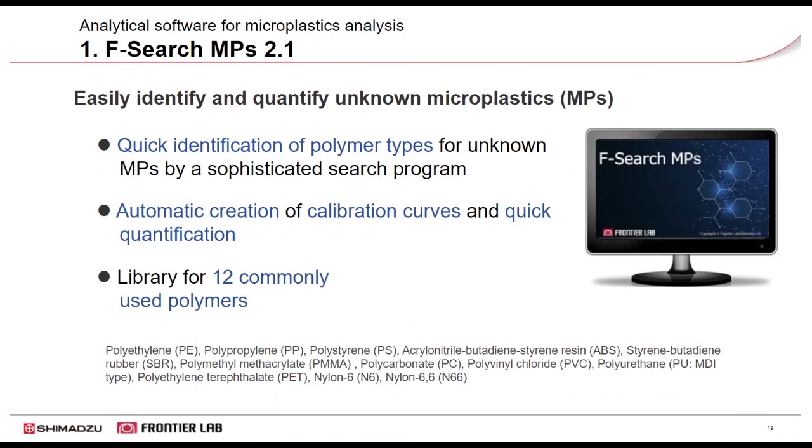It consists of a patented search program with mass spectral libraries of pyrolysates. The software also automatically creates calibration curves for the registered polymers based on the analytical results from the reference polymer mixture. There is a library for 12 commonly used polymers, as shown here, and you can also create your own libraries for any additional polymers.